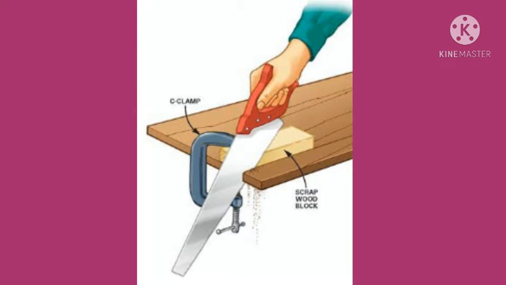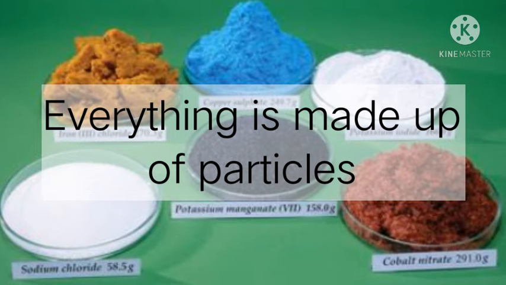We have seen how sawdust or particles of wood fly when the wood is cut with a saw. When iron or copper is made smooth with a file, we get particles of iron or copper. All substances like pencil, chalk, paper, wood, wheat grains, iron, copper, coal are all made up of fine particles.